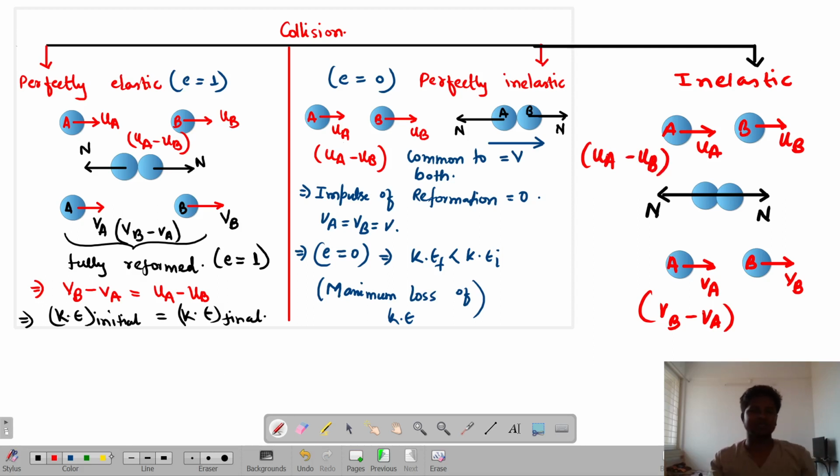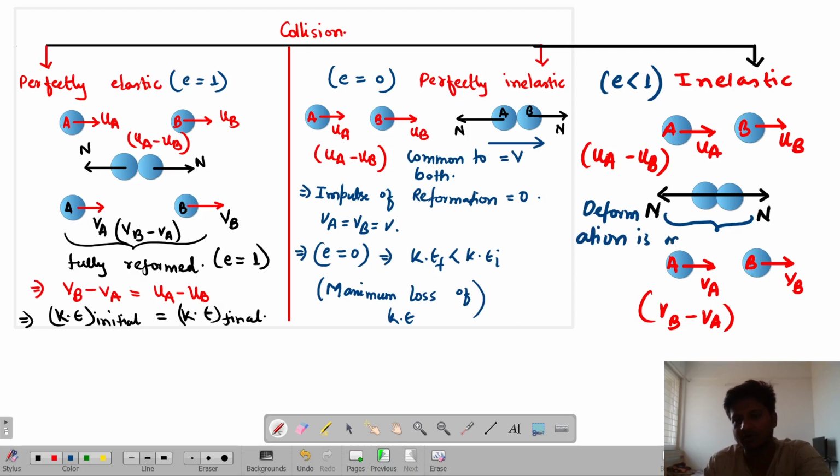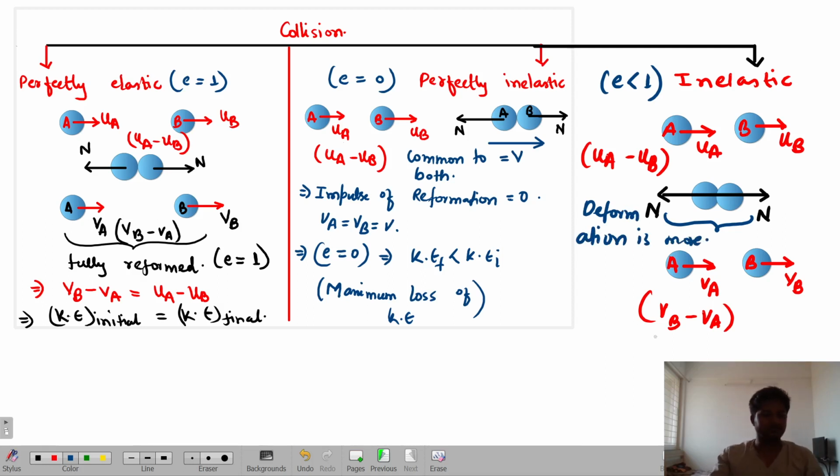So inelastic is that particular collision in which e is less than 1. That means what actually happens is that due to this normal, there is a deformation. This deformation is more. Are you able to get me or not? Due to which the reformation is very less, and due to this, we get our final kinetic energy to be less than the initial kinetic energy.